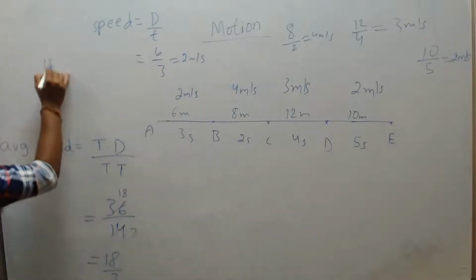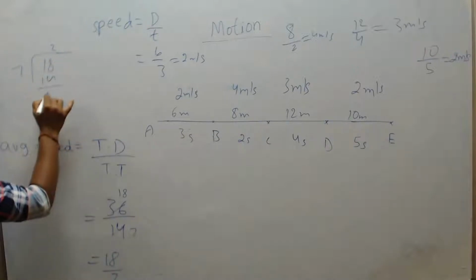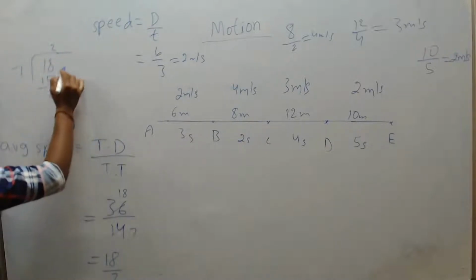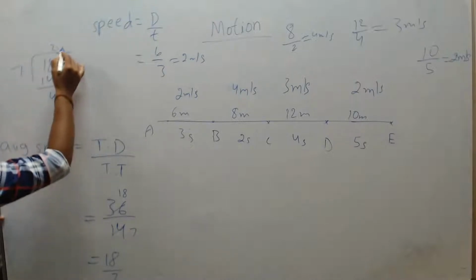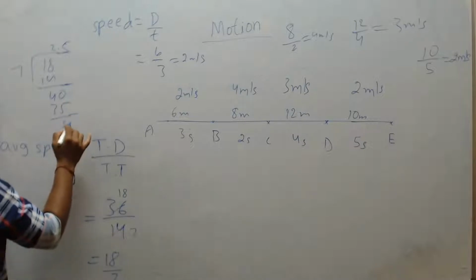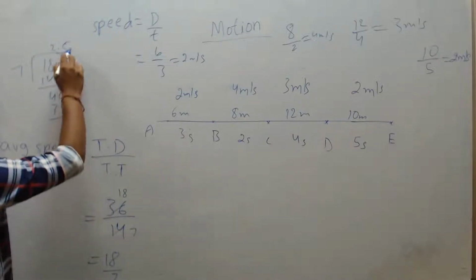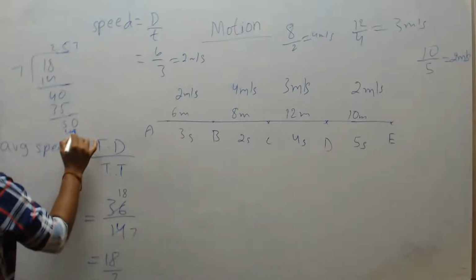Dividing, 7 twos are 14, 4 is remaining. Then 7 fives are 35, 5 is remaining, and 7 sevens are 49.